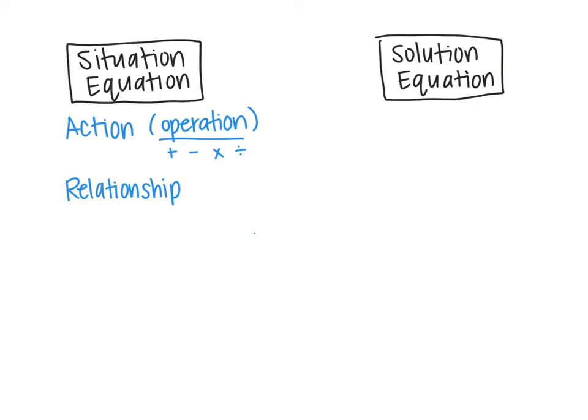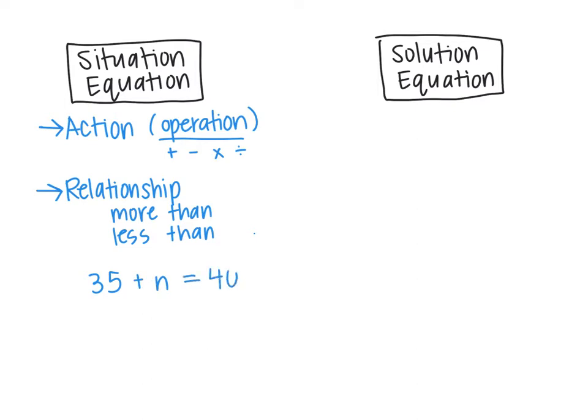We can also use this to show a relationship between numbers, like more than or less than. This situation equation will help us with the action or relationship. So an example would be 35 plus n equals 40.